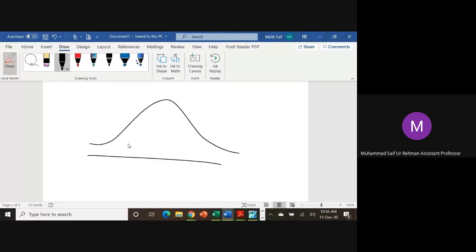There is no skewness in this, and you can say that 50% of the area is on each side of the mean, mode, and median. So mean, mode, and median are all at the center, and 50% of the data are to the left of this point, and 50% are to the right. So this is the normal distribution.